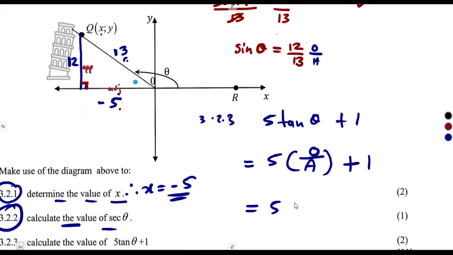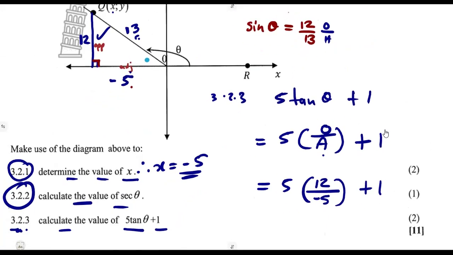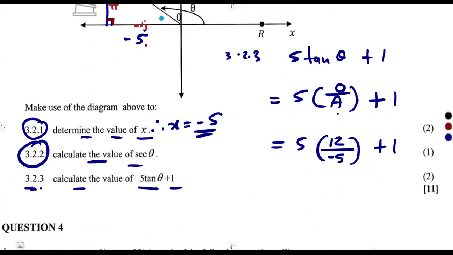What is our opposite here? According to our diagram, opposite is 12 over the adjacent. This is our adjacent, which is -5, plus 1. Guys, you can even use your calculator at this stage. Or you can simplify by head, by knowing our numbers. This 5 is the same as over 1, so it's going to cancel.